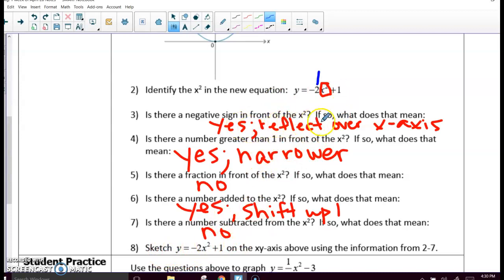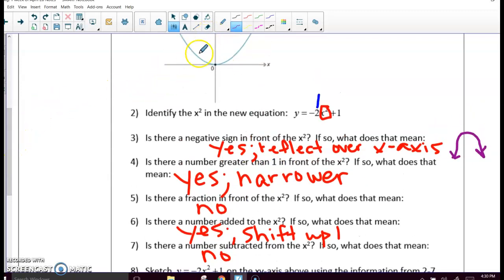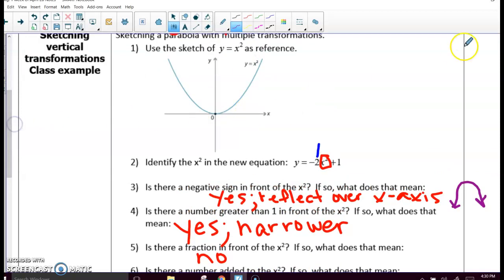So let's take all of this into account and let's sketch the graph. So I know it is reflected over the x-axis. So what that means is my graph is going to open down. It is narrower than my parent function of y equals x squared. And then it is shifted up 1. So there's my shifted up 1.